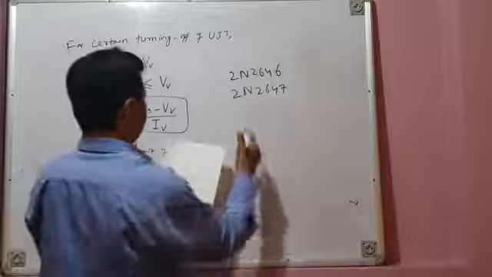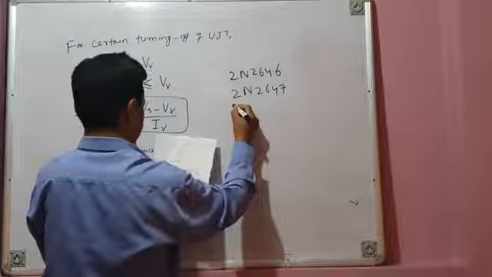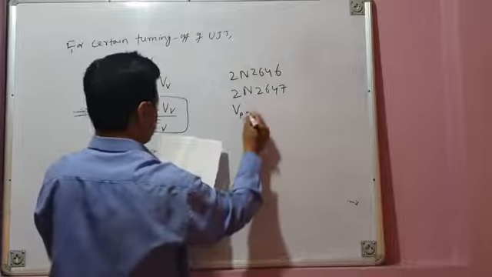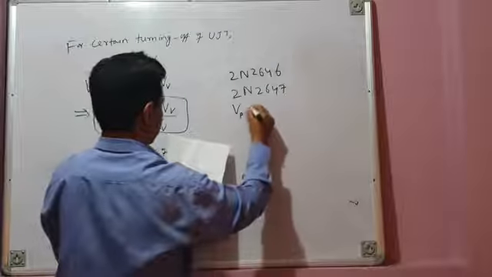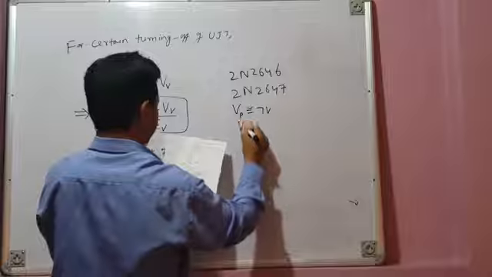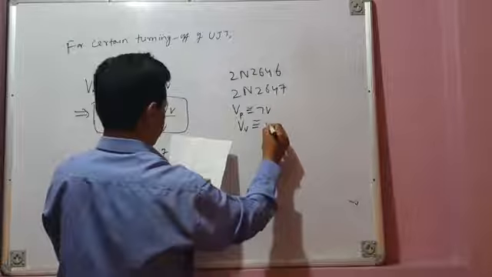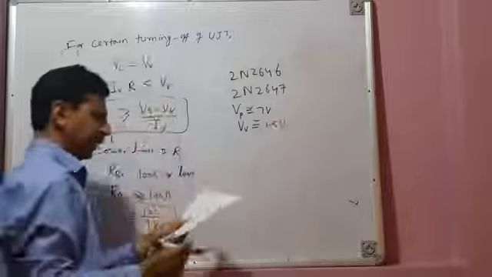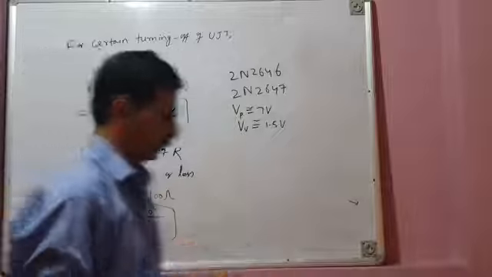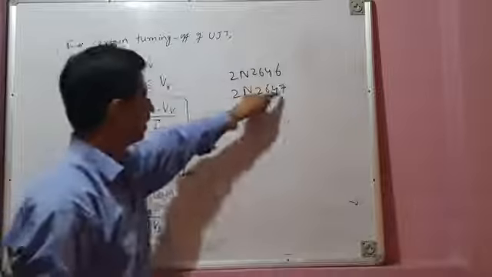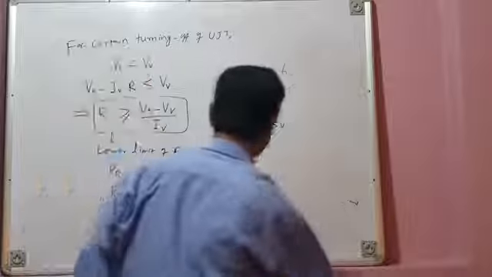The peak point voltage of these UJTs is approximately 7 volts. Valley point voltage is approximately 1.5 volts, or you can find it experimentally. So these are the specifications of commercially available UJTs in the market.